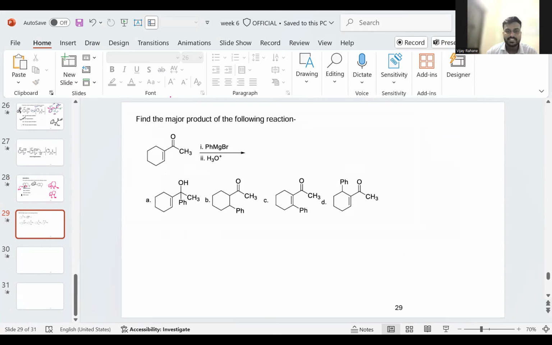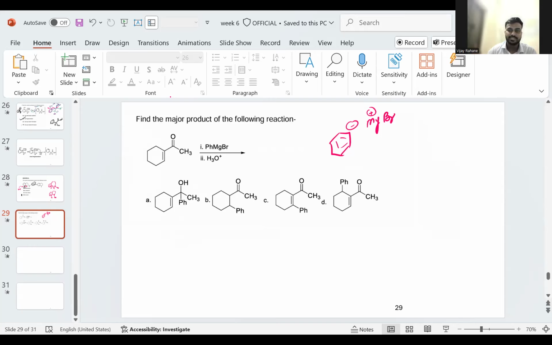This is phenyl magnesium bromide. So this is the one, negative, MgBr positive, right? So this is the nucleophile. And if you see the structure, this is an alpha beta unsaturated ketone.